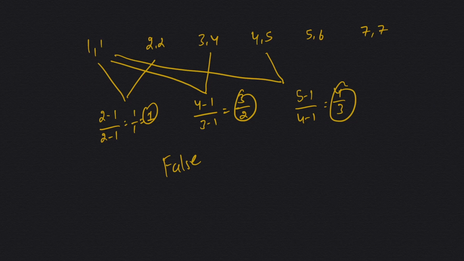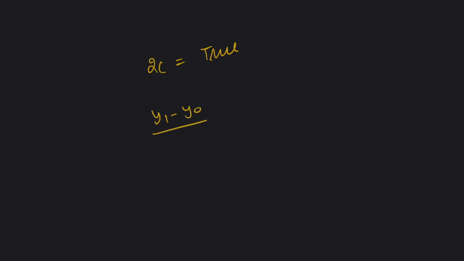So what is the takeaway? The takeaway is, if we have two coordinates, we will simply return true. If we have more than two coordinates, then we are going to calculate the slope. And what is the way for that? We can use (y1 minus y0) divided by (x1 minus x0), if not equal to (y minus y0) divided by (x minus x0).